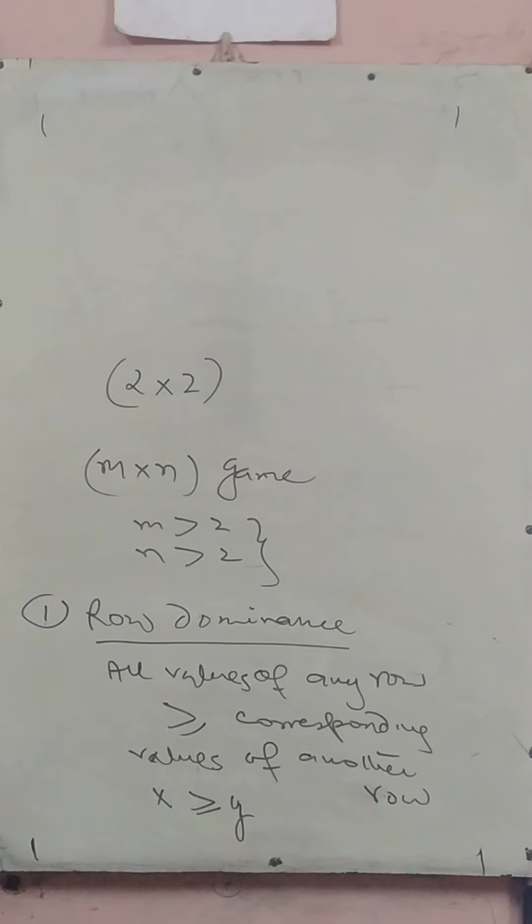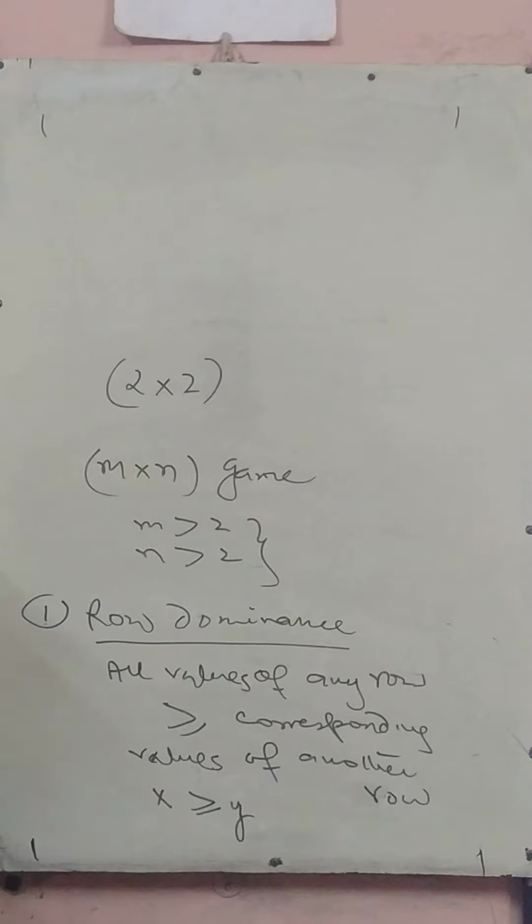So x greater than or equal to y, then we will choose x. That means the row having x will be chosen. It will be the dominating row, and the dominated row will be the one with lower values. So the row having bigger values will be chosen, and the row having smaller values will be deleted.